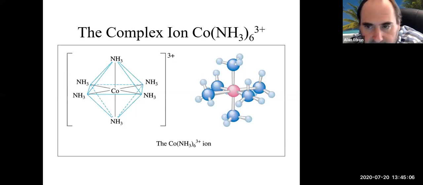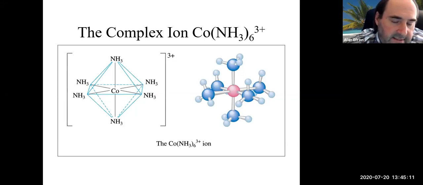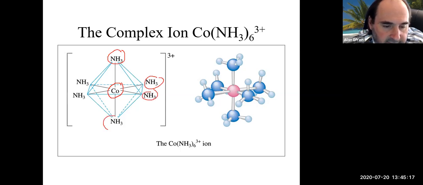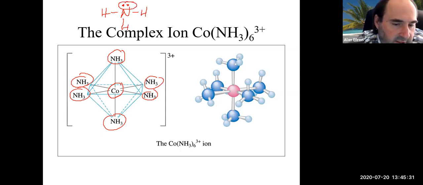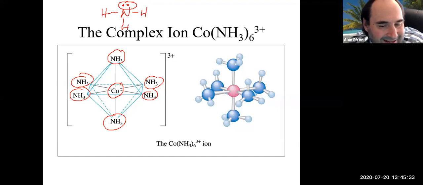If we look at something like this, which we'll also see a little bit later as well, this is an example of a complex ion. We have our transition metal in the middle. We have 1, 2, 3, 4, 5, and 6 ligands attached. The NH3 here would be our Lewis base. If you just quickly sketch NH3, it is a polar molecule with a non-bonding electron pair that it can donate to our cobalt, which is electron deficient.